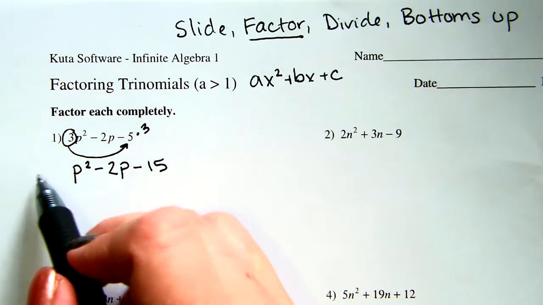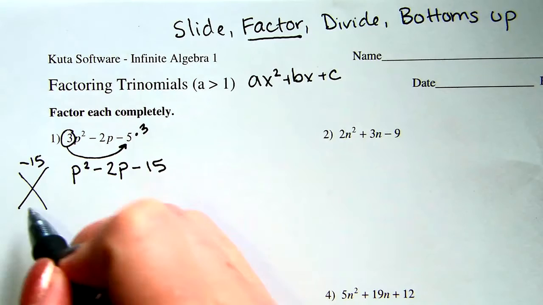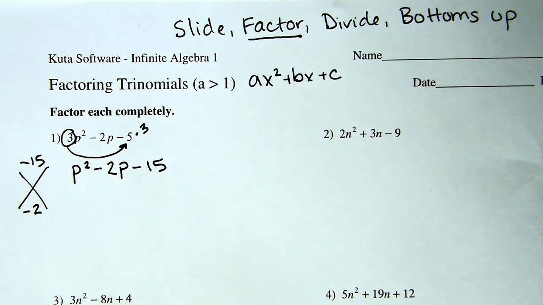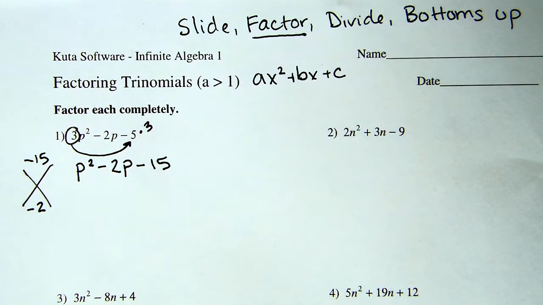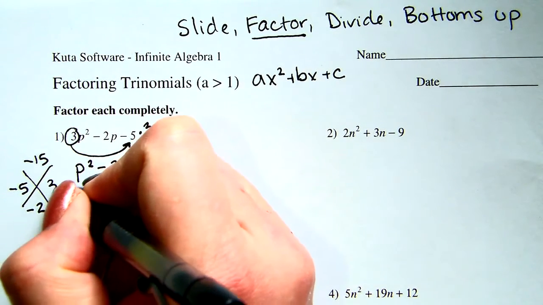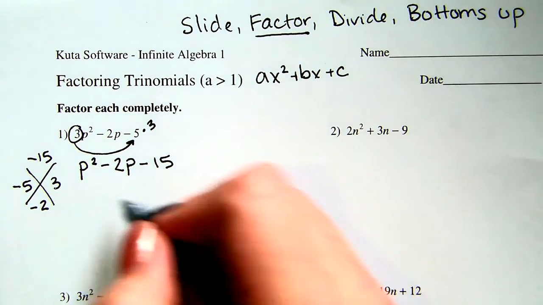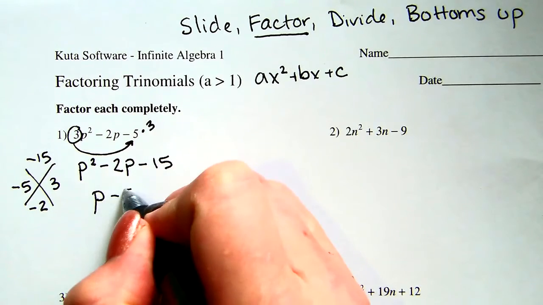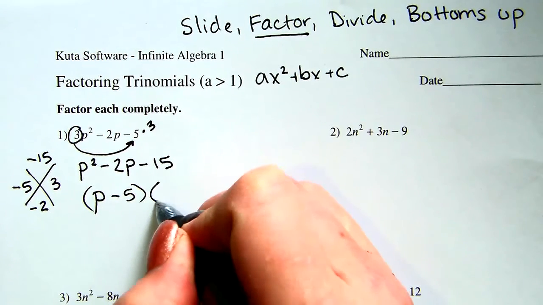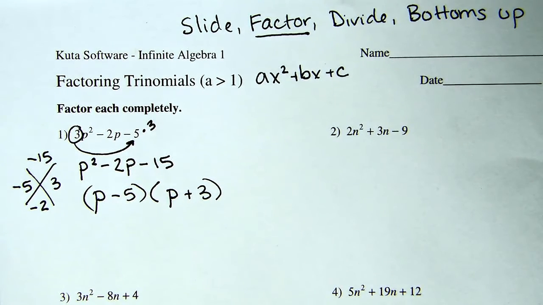Now my numbers that multiply together to give me negative 15 and add or subtract together to give me negative 2 are 5 and 3. Now in this case, my 5 is negative, my 3 is positive. So I'm going to go and put p minus 5 and p plus 3 in parentheses.